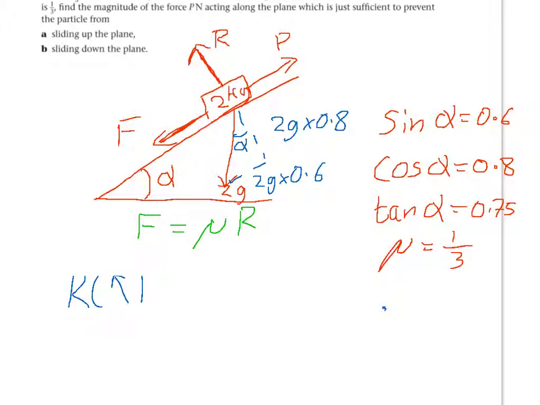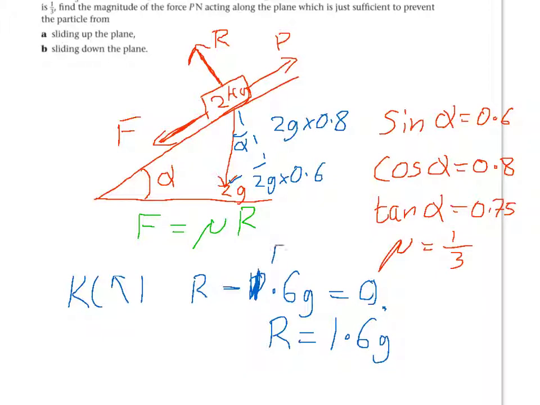So acting in that direction, we've got the R, and we've got minus the 2g times 0.8, which is 1.6g. And that's equal to 0 because there's no acceleration in that direction at all. So R is equal to 1.6g.